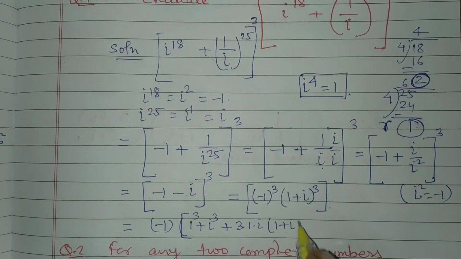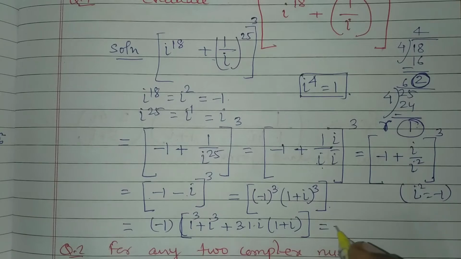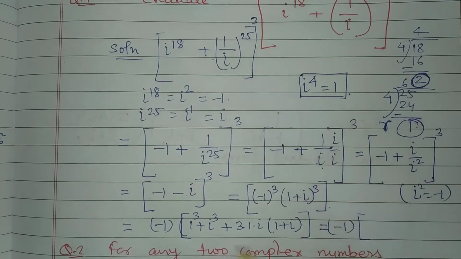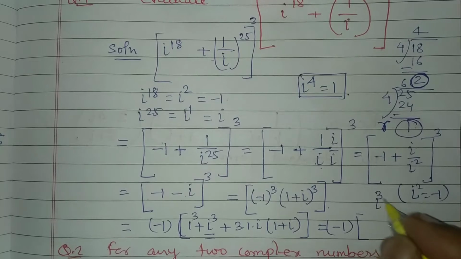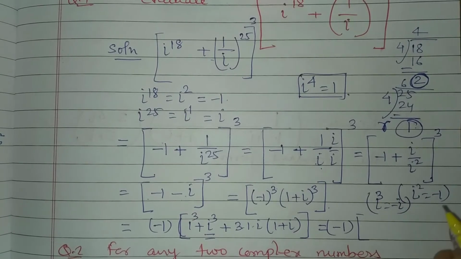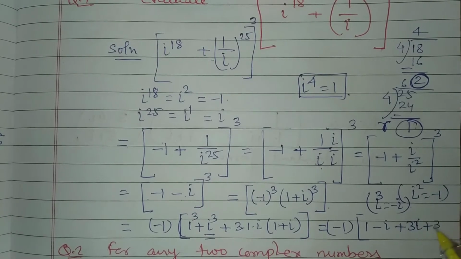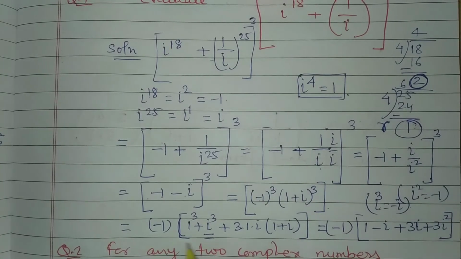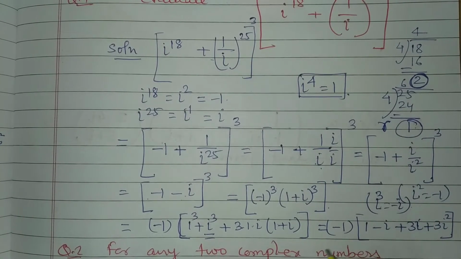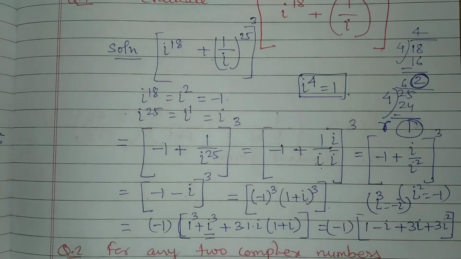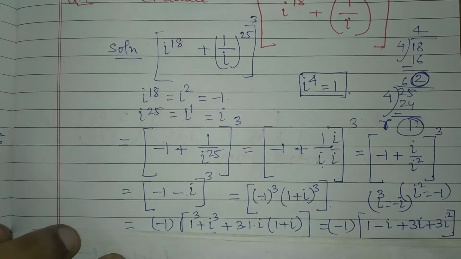So now this is equal to minus 1, and i cube can be written as minus i because of i square into i, so i square is equal to minus 1, so i cube is equal to minus i. You will just put minus i in place of this, and 3i, this is 3i multiplied with 1, and then 3i square. I am writing over here.